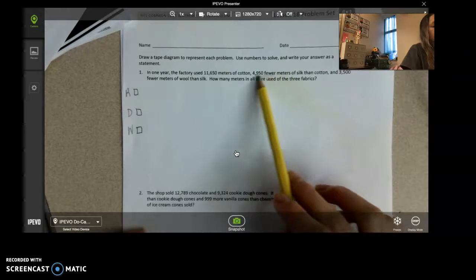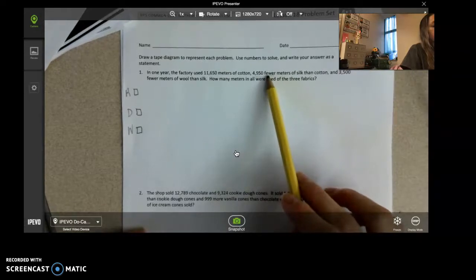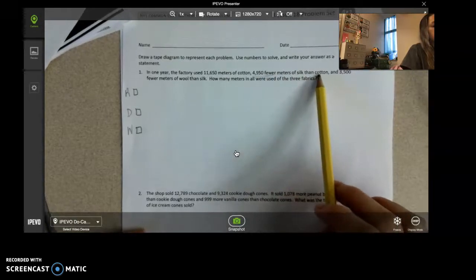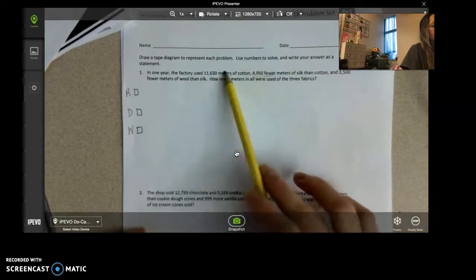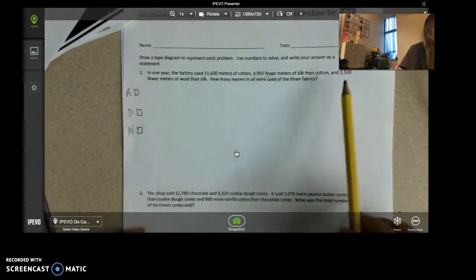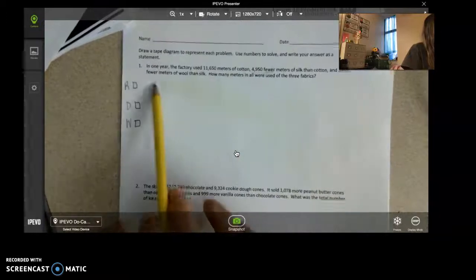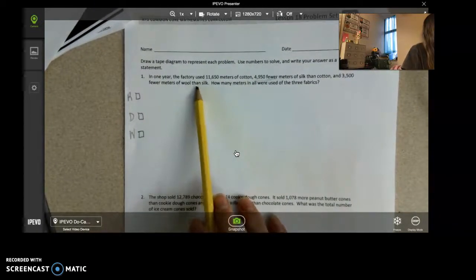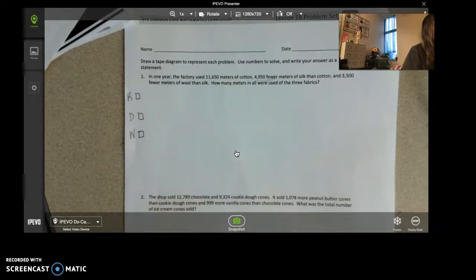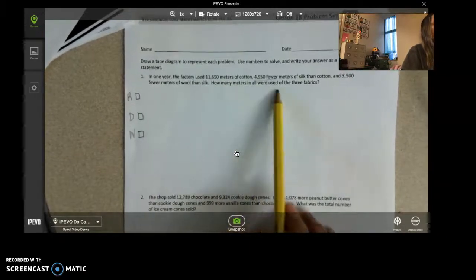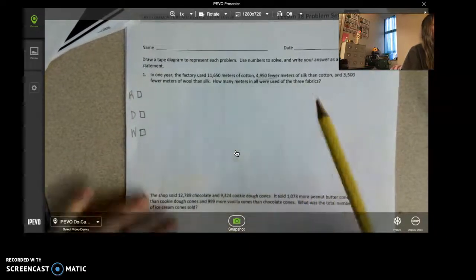So there's 4,950 meters less silk than there was cotton. And 3,500 fewer meters of wool than silk. Okay. How many meters in all were used of all three fabrics?